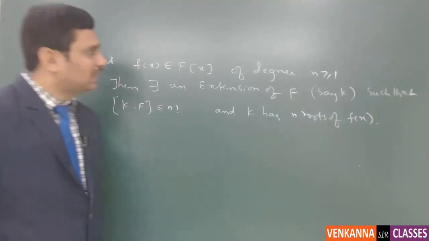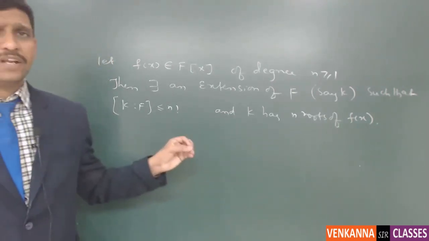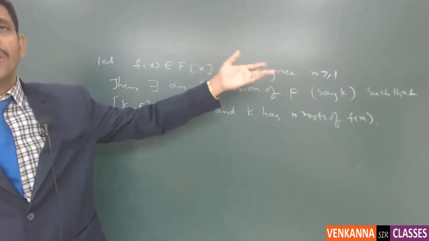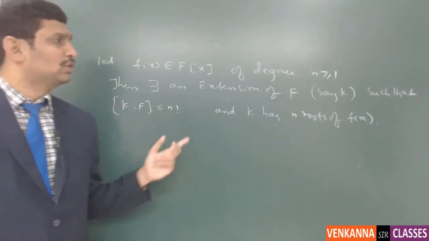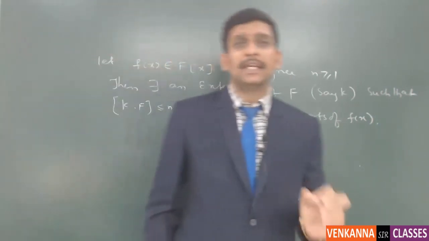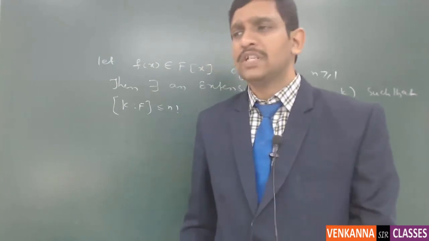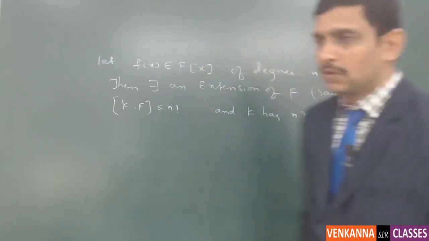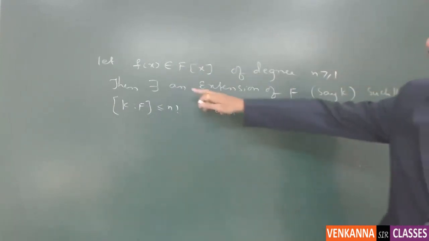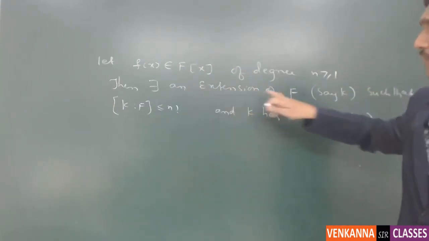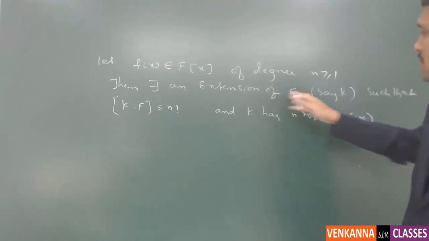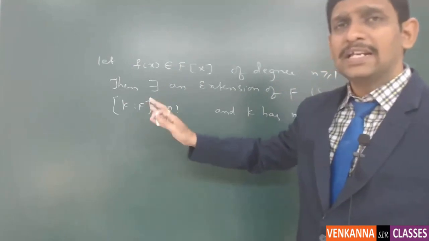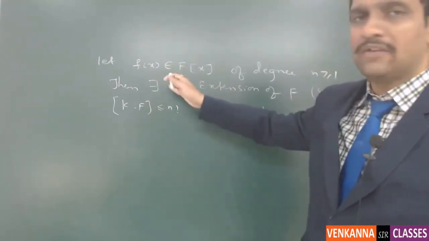So if you observe, I have taken a polynomial of degree n, maybe 1 or more than 1. If you take an nth degree polynomial, then how many roots will it possess? N roots, isn't it? So I am saying that you can find an extension of F, say the extension name is K, which contains all the roots of this polynomial f of x.